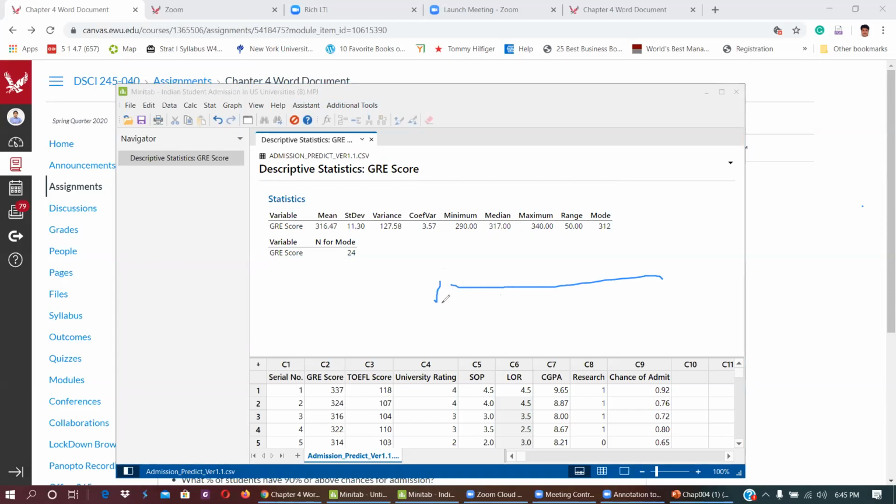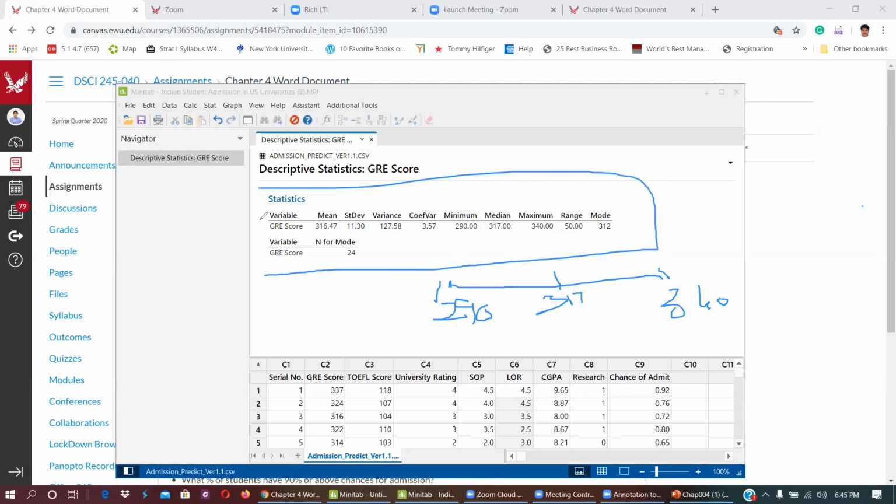This is, let's say, 290, and this is 340. This is the starting point, this is the end point, and in the center is 317. Okay. So basically this is what we have studied, and you can select carefully. Is it clear to everyone?